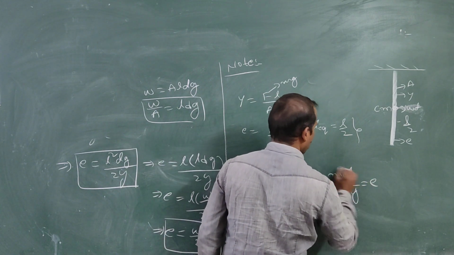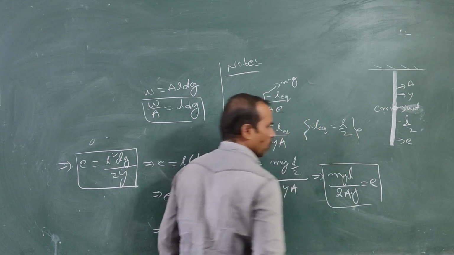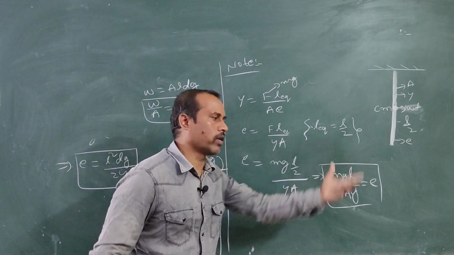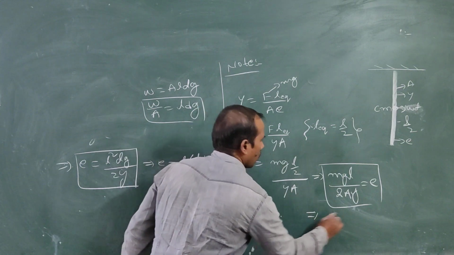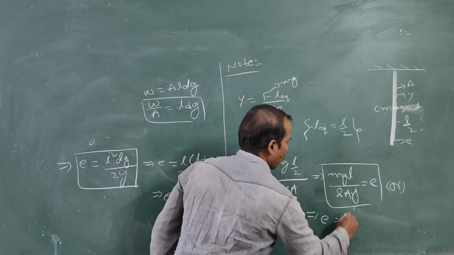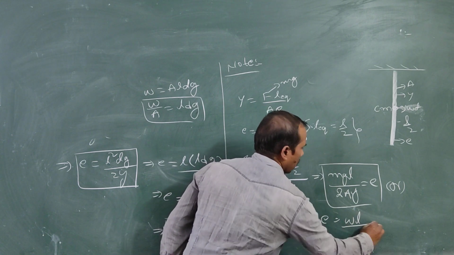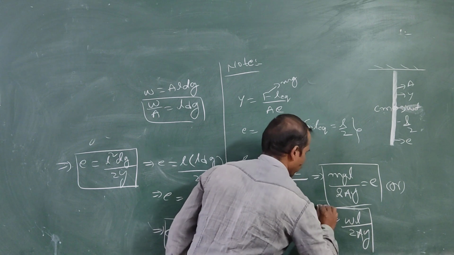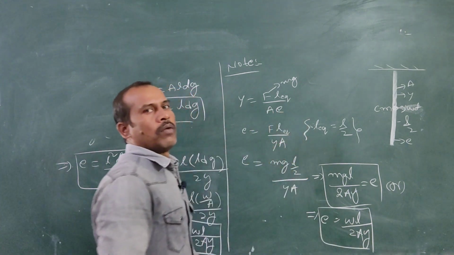This is the elongation due to its own weight, where mg is equal to the total weight W. So E is equal to WL by 2AY. This is another form of the equation.